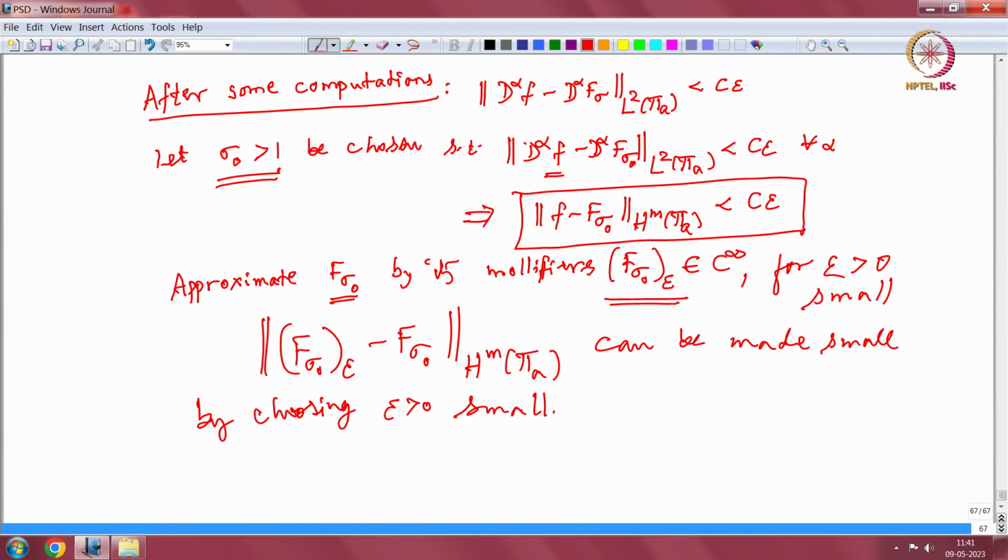So, this is the technique we often employ even later. We want to find a function defined on a slightly larger domain, and then we can take the mollifiers to get a smooth approximation of functions in a Sobolev space.